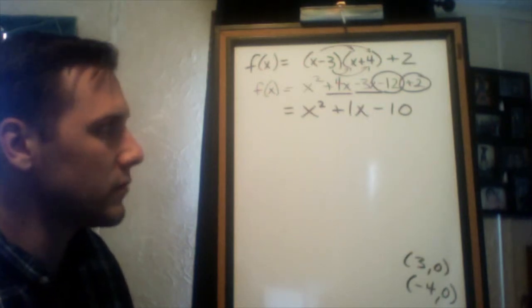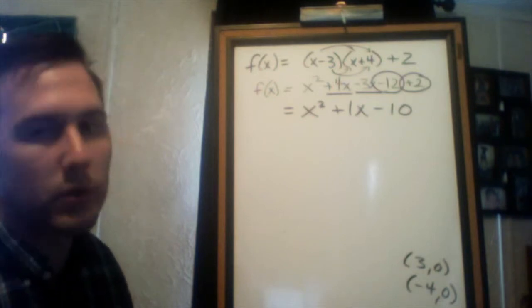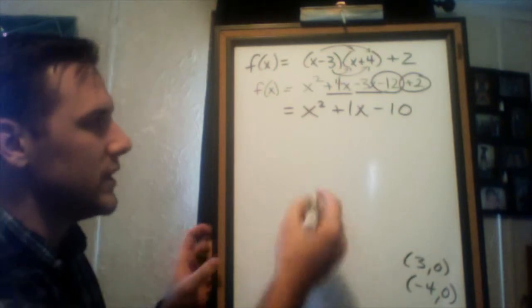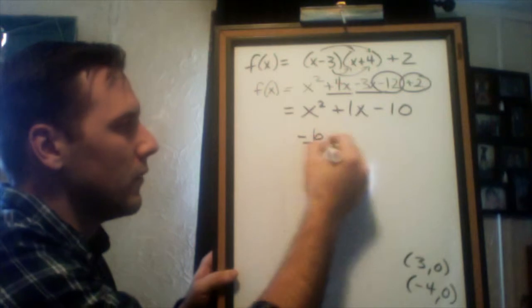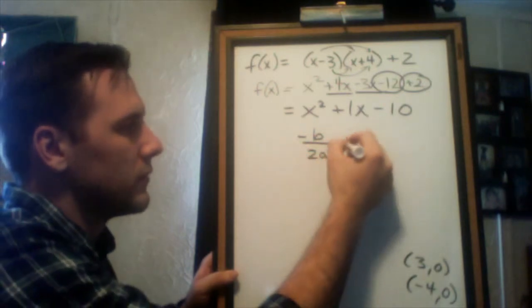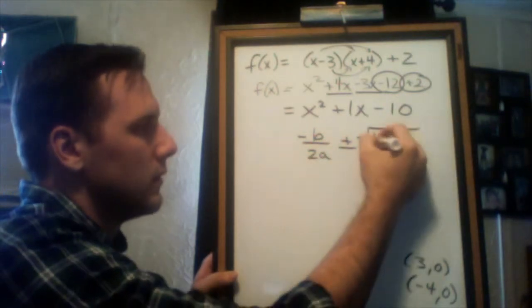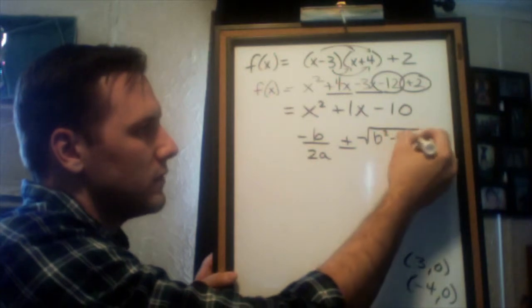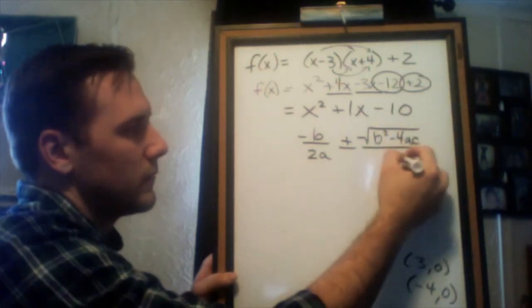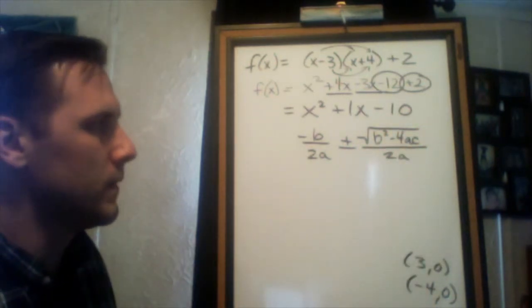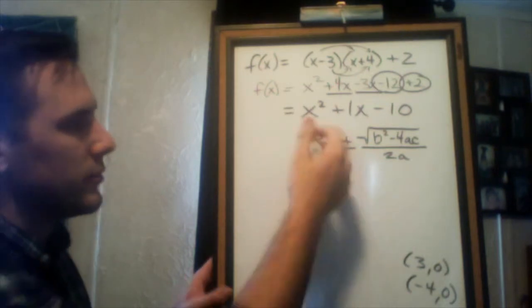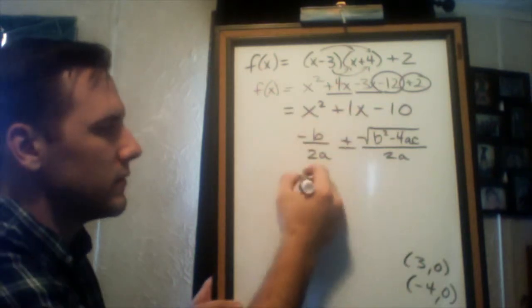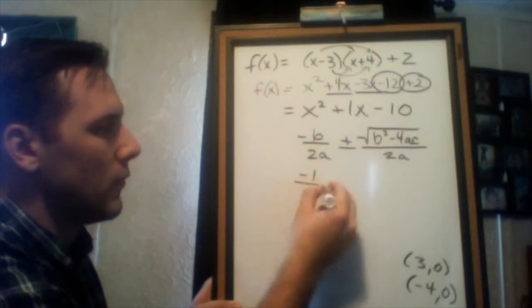So when we look into our bag of tricks, our tool kit for how we can solve this problem, the next step we go to is the quadratic formula, which again is negative b over 2a plus or minus the square root of b squared minus 4ac, over 2a. So I'm going to just simply fill this out. Negative b is negative 1, over 2a.